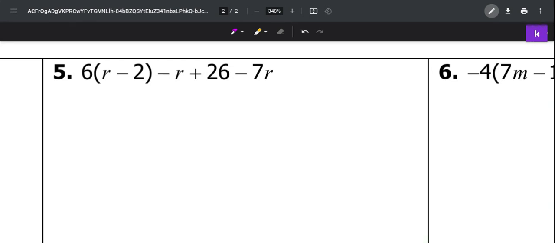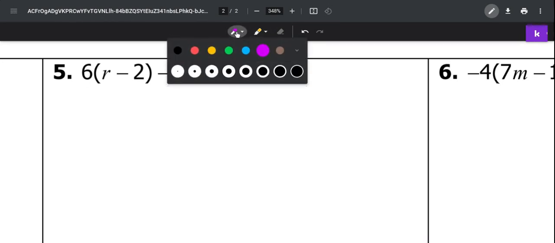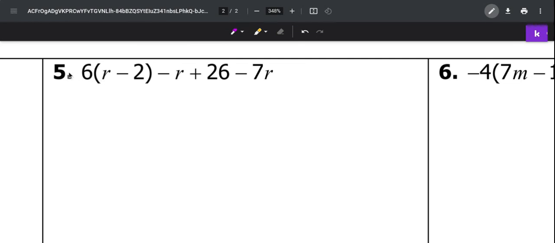So on number 5, here's what we have. We have 6 times r minus 2 minus r plus 26 minus 7r. So first we want to clear any parentheses, which means distribute. So 6 times r is 6r. 6 times a negative 2 is going to give us minus 12 or negative 12.